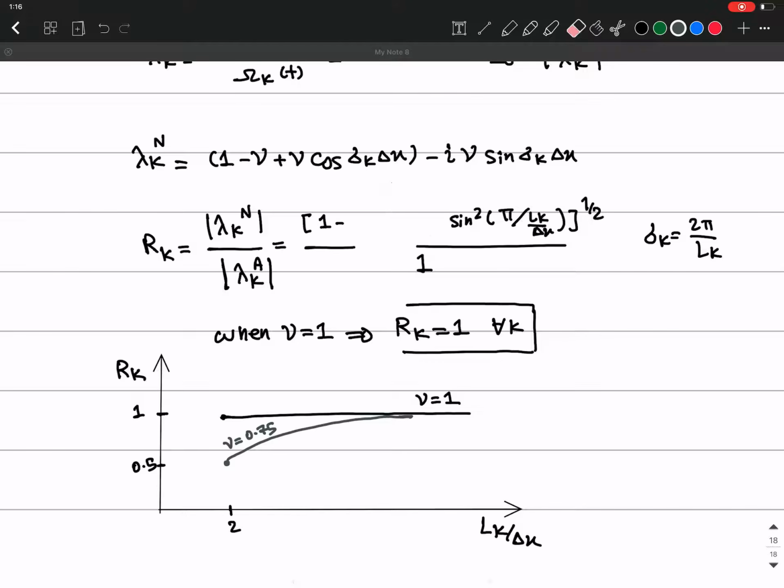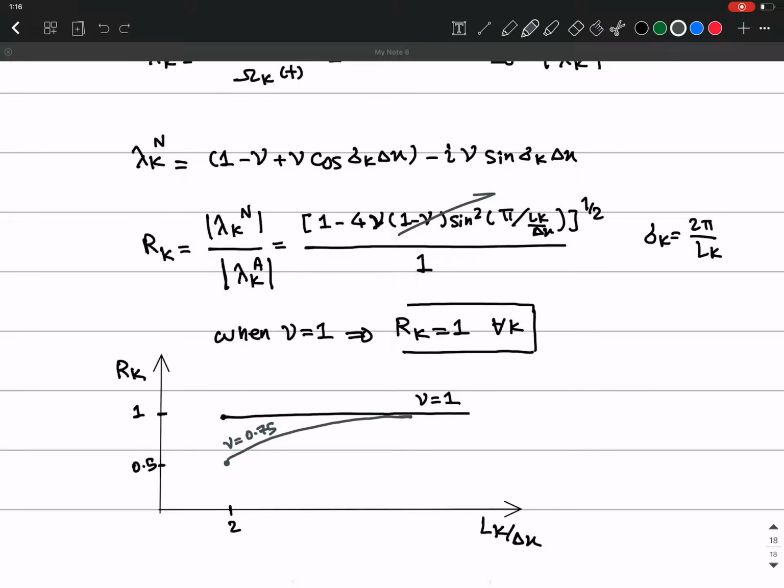So let me write it again here. 4 nu times 1 minus nu, right? So if Lk over delta x goes to infinity, this goes to 0, and thus the sine also goes to 0.